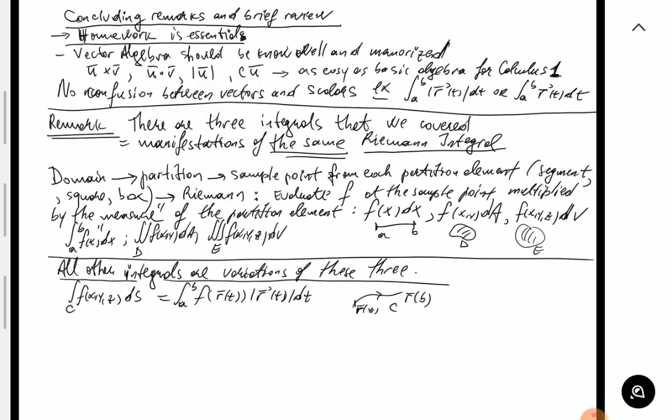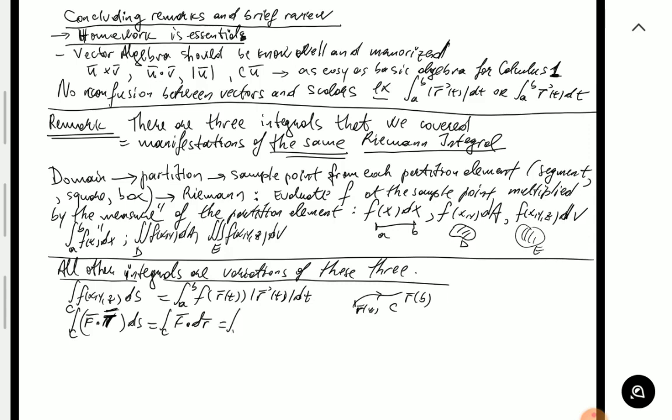But the line integral is essentially a version of the single variable integral. Same thing for a line integral of a vector field. And remember, we have basically two formal notations, F dot T ds or F dot dr. The first one is more suggestive because it indicates that you basically integrate over the component of the vector field along the tangent vector on the curve.